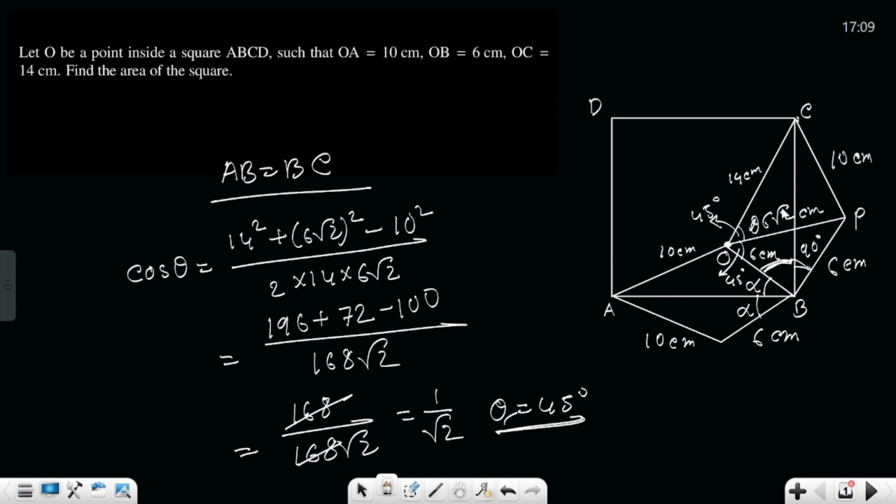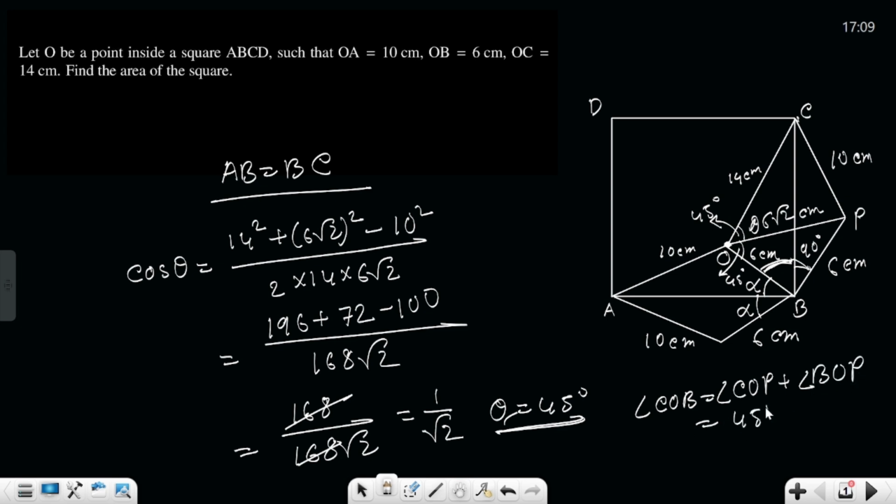So if I ask you what angle COB is, the angle COB is totally 90 degree: 45 degree plus 45 degree, which is equal to 90 degree. So angle COB is equal to angle COP plus angle BOP.